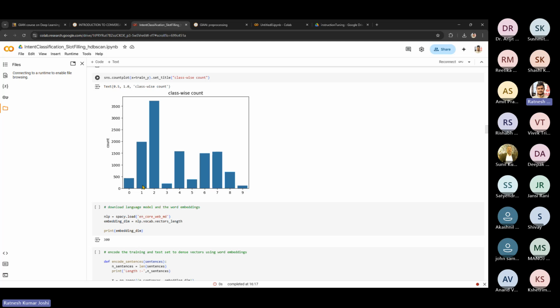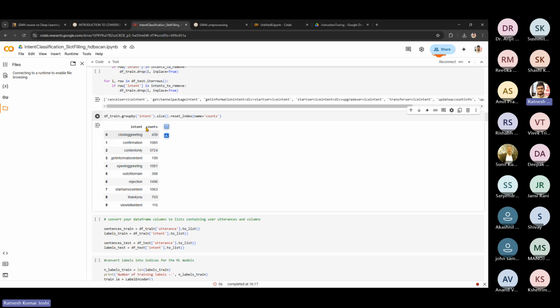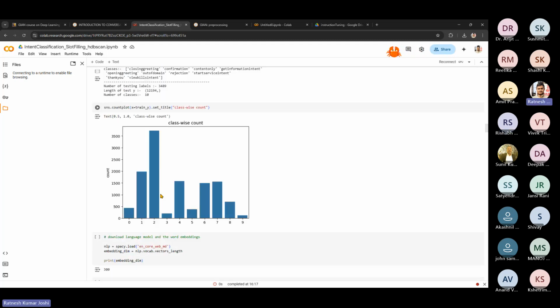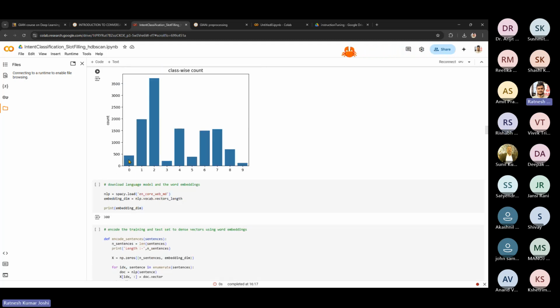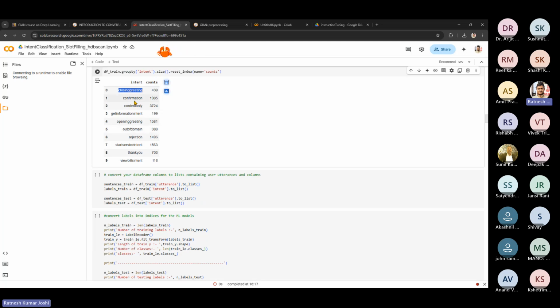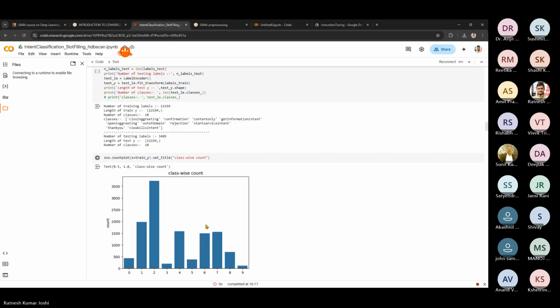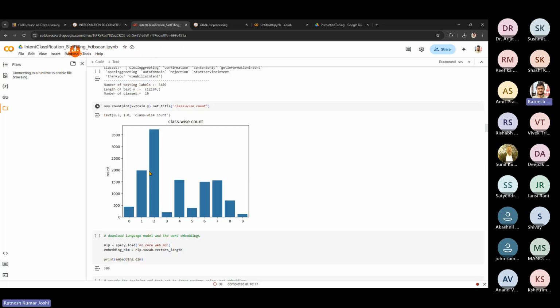Right. So for example, here for the class which is labeled 0, closing greeting, we have a little under, let's say around 450 examples. For class 1, confirmation, we have around 2000 examples, right? And similarly, we can plot and see that class number 2 has a lot of examples.